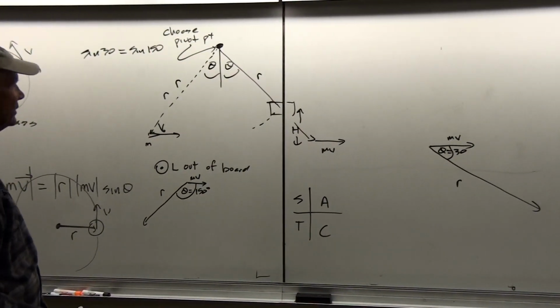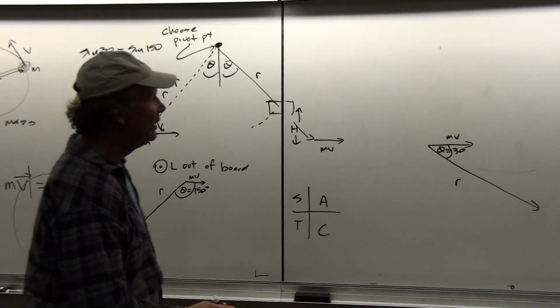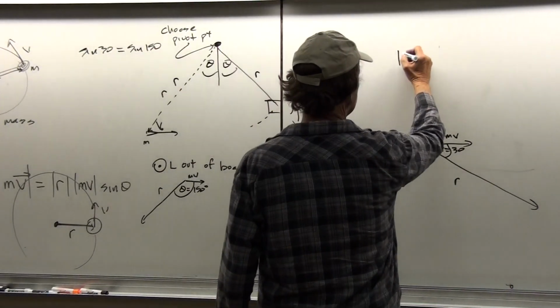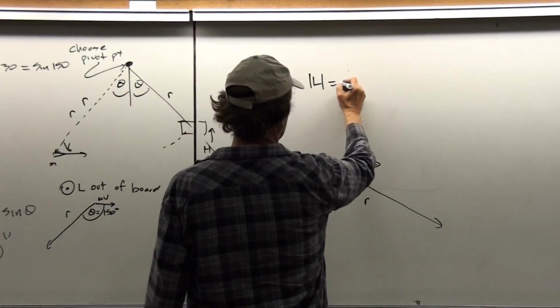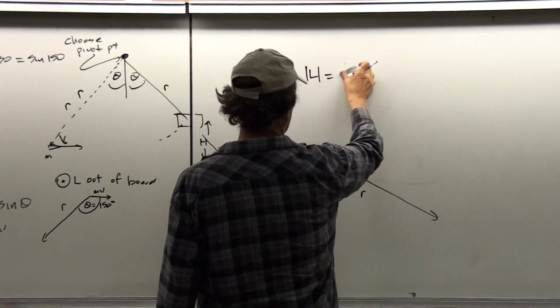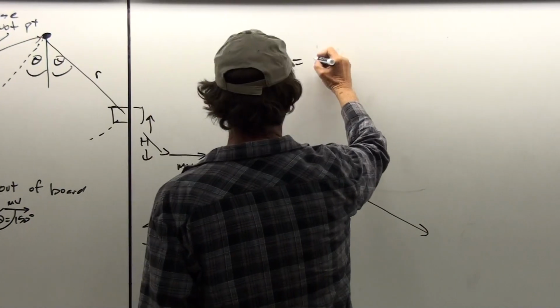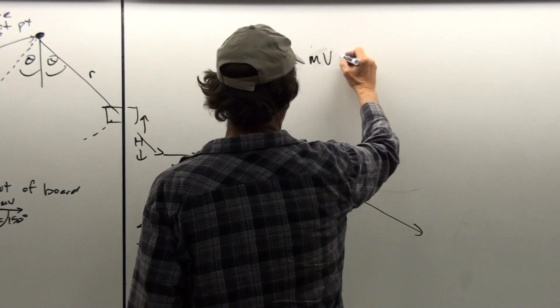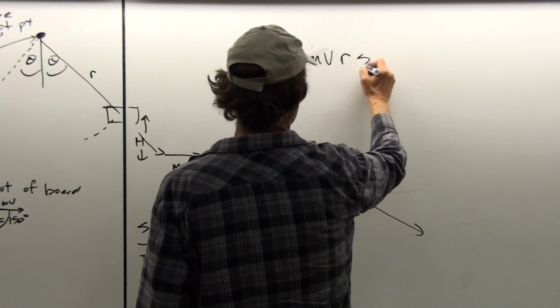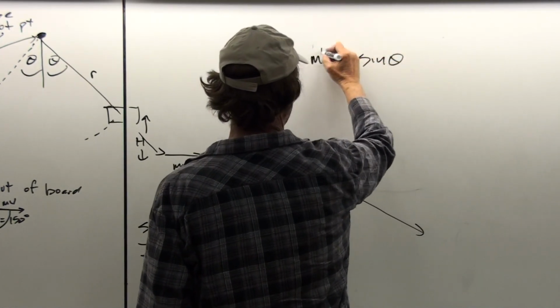And so what is that equal to in general then? Well, the magnitude of L is the magnitude of the mass times the magnitude of the velocity times r times the sine of theta.